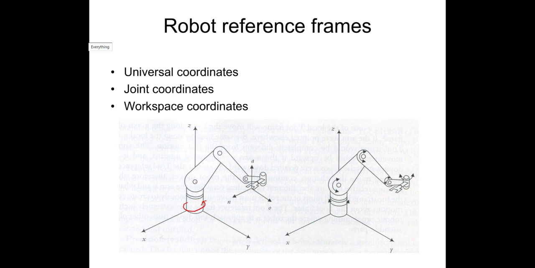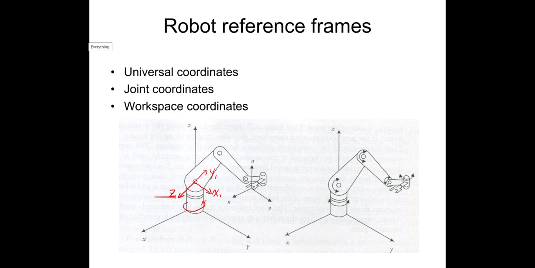Here we have the second revolute joint. If we draw the z-axis here, let me call it z1. This z1 is the rotation axis of the second revolute joint. If we define the frame of this revolute joint, we will have x1 and y1. Then here we have the third revolute joint.